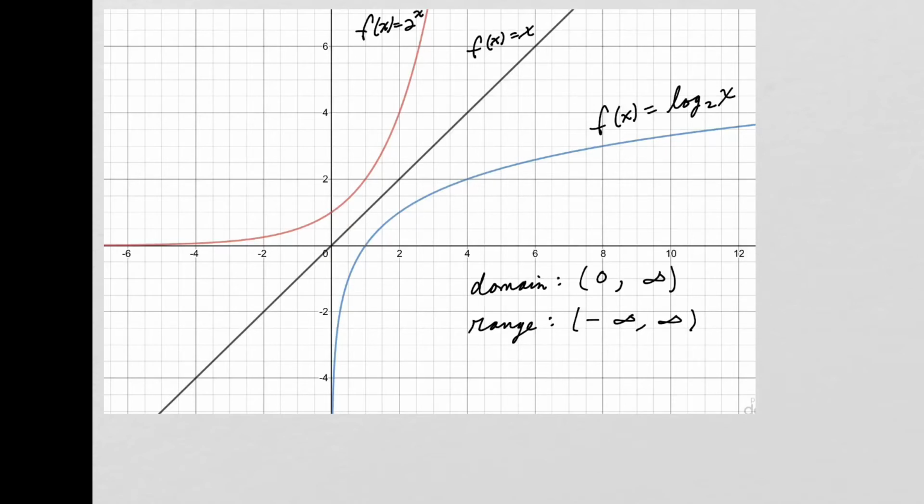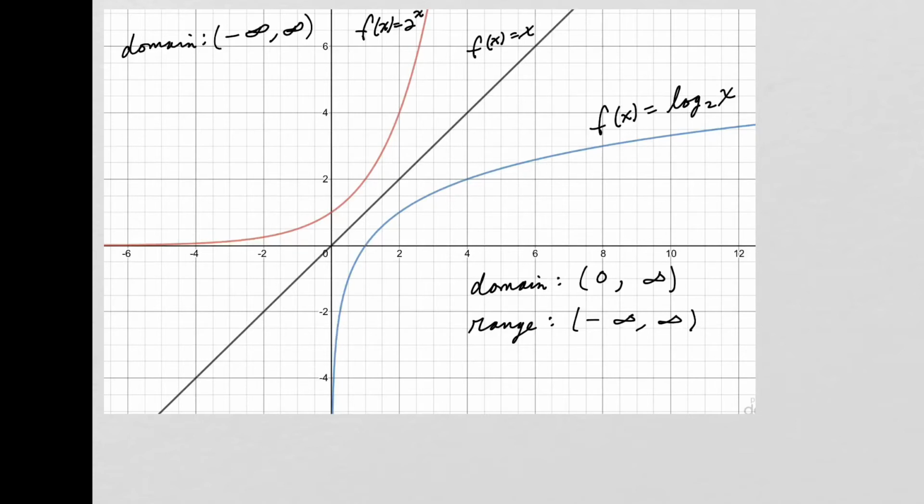Now, because 2 to the x is an inverse of the log function or vice versa, the domain and range for the exponential function 2 to the x are going to flip. So in this case, the domain of the exponential would be the range of the log. So this domain would be from negative infinity to infinity. And we can see that here, because the exponential can be negative or positive. It goes from negative infinity all the way to positive infinity.